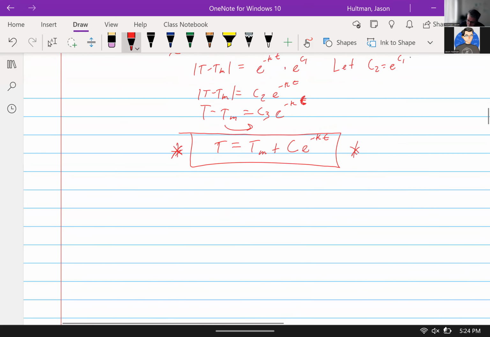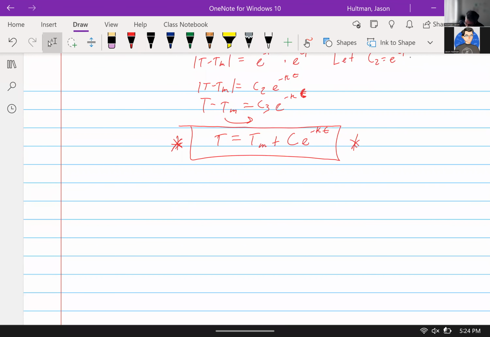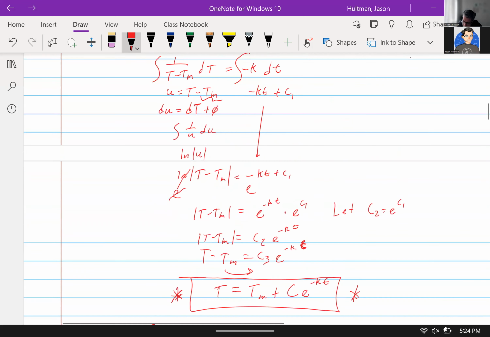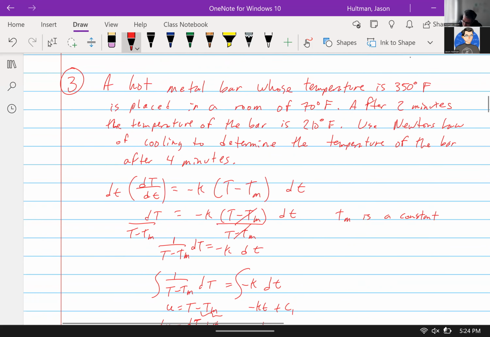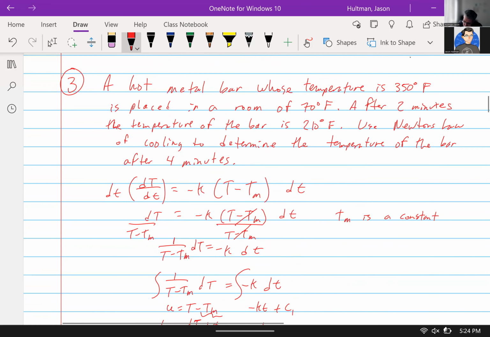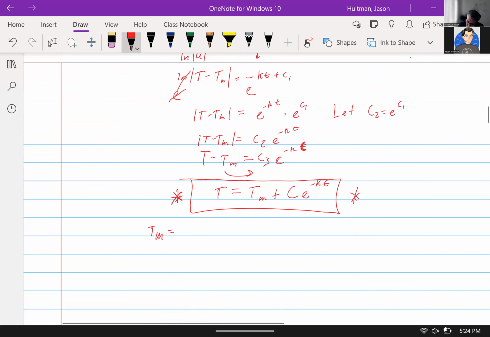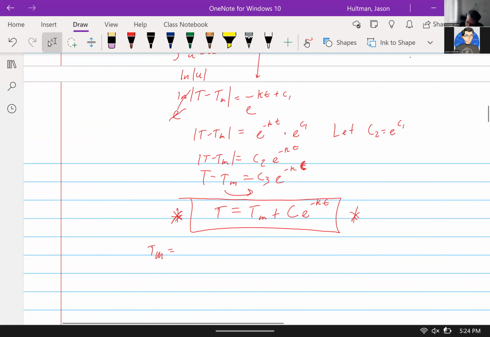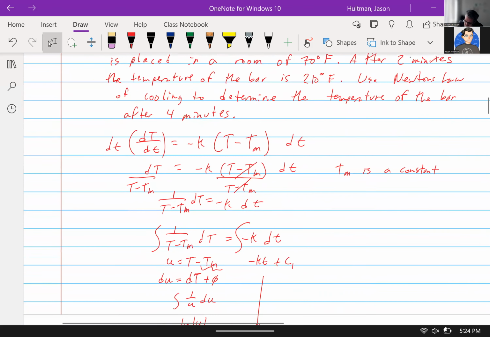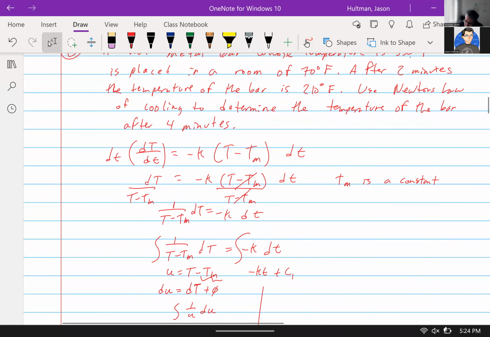Okay, and so we do have some initial conditions, right? What are the initial conditions? We had a hot metal bar whose temperature is 350 at time 0. And what was Tm? Tm was a room of 70.